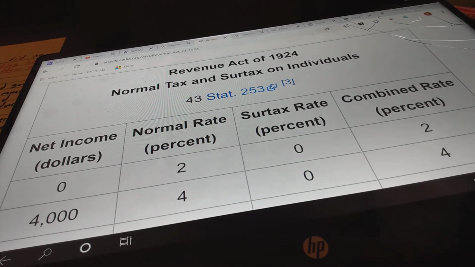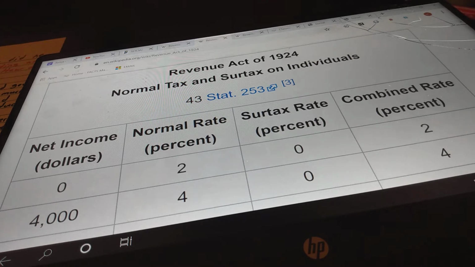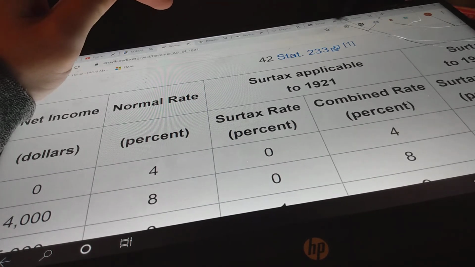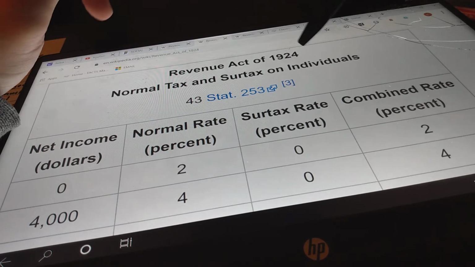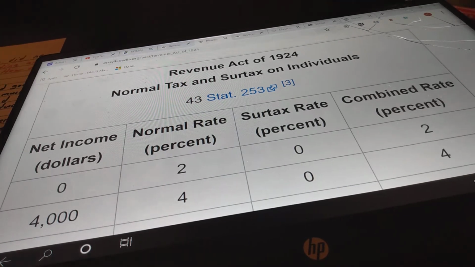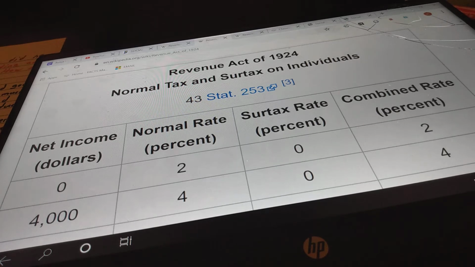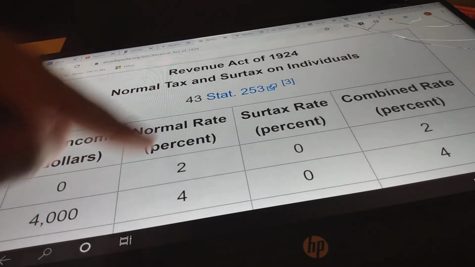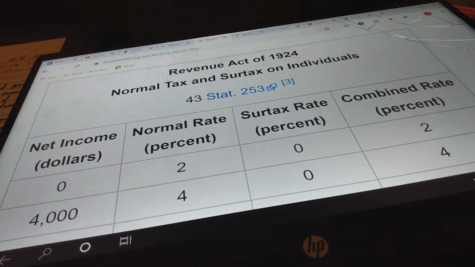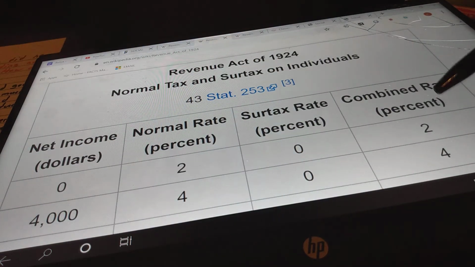All right. We're going to look at each one of these charts and see how that percentage changes. This one is from 1921, and this one is 3 years later, 1924. Again, the net income, or the total amount of money somebody earns in a year, is $4,000. Don't worry about the other columns, but see how the tax rate lowered.